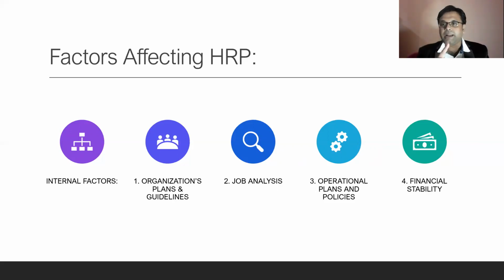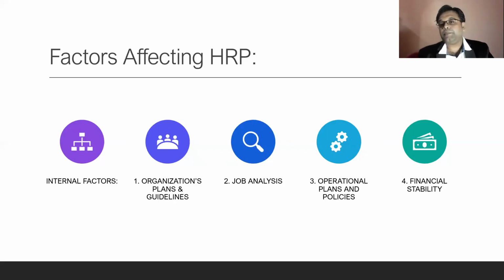And job specification is the qualification, experience and skill sets required to do that job. If you don't have a very clear idea about these things, it is very difficult to do HRP, or human resource planning. So job analysis plays a very important role in human resource planning.